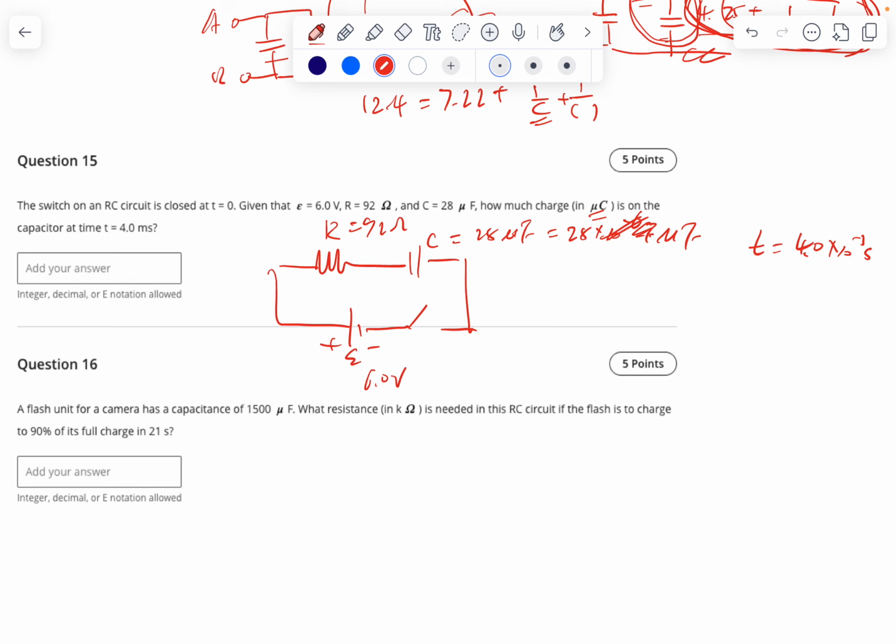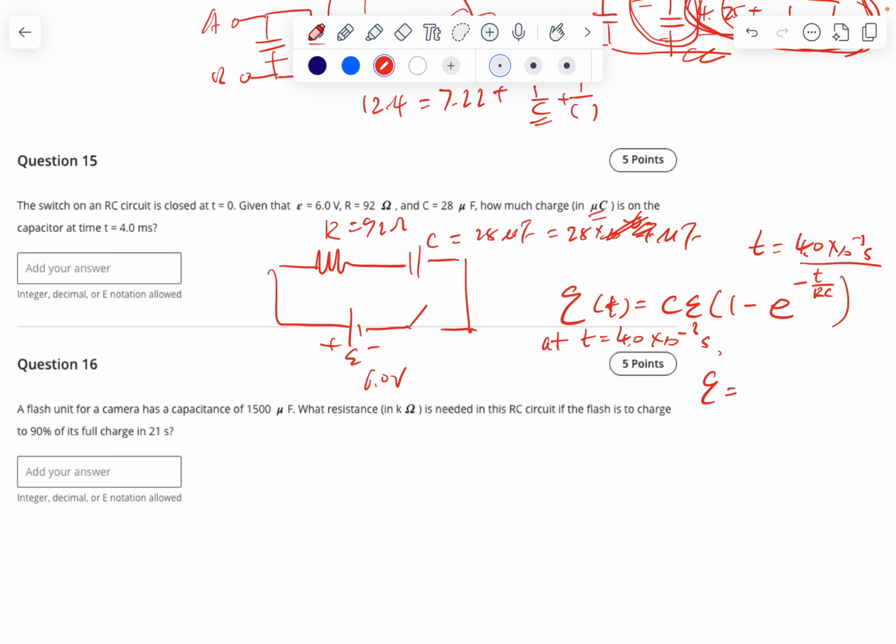All right, so we have to use this equation. Q in terms of time equals C epsilon times 1 minus e to the negative t over RC. So now looking for the charge at t equals 4.0 times 10 to the negative 3 seconds.